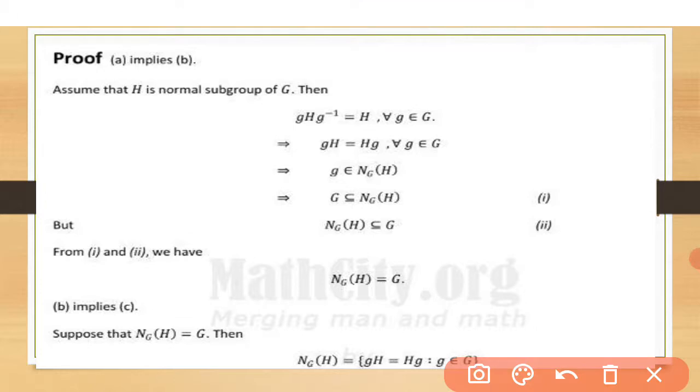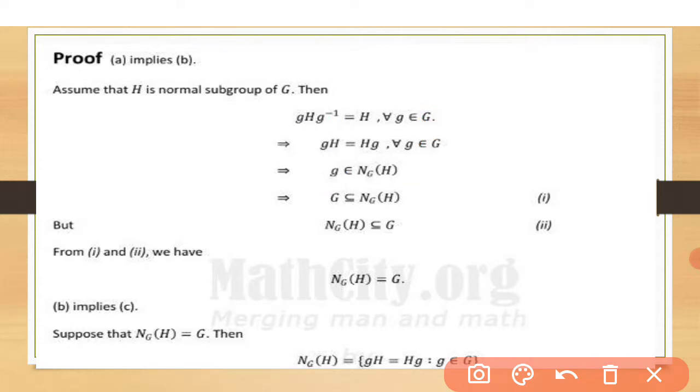So A implies B. Assume that we start from A: H is a normal subgroup of G. Then by definition a normal subgroup is self-conjugate, ghg inverse equals H, and when we multiply by g, then g inverse becomes identity and gh is equal to hg, and this is the definition of normalizer.